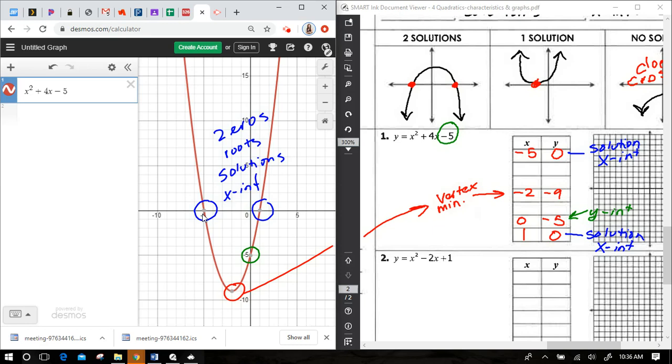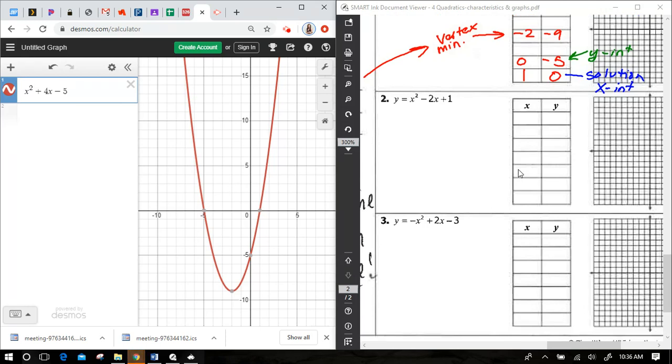Awesome. Let me clear off my Desmos calculator and we're going to skip over to, let's see, problem number 2. Okay.